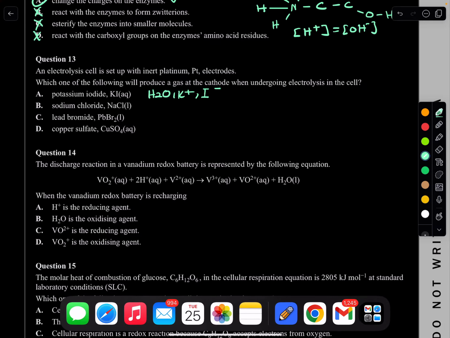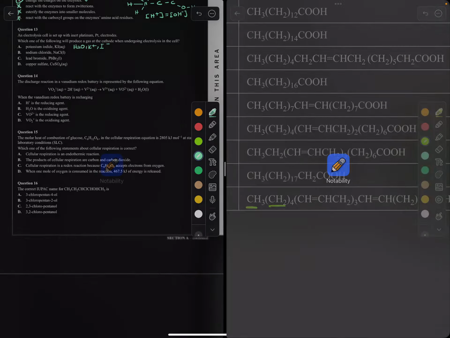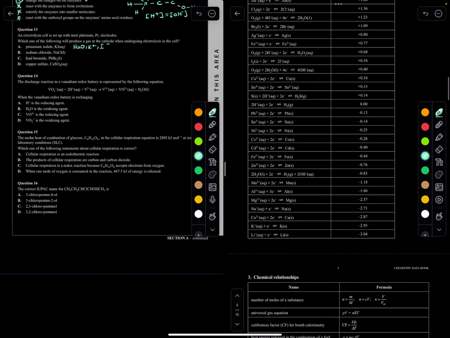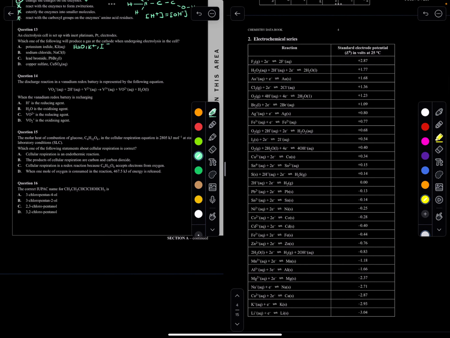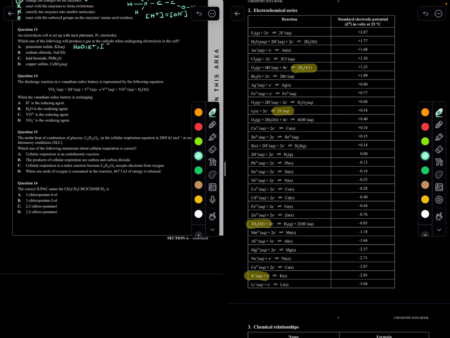So let's look at our electrochemical series and determine what's going to happen. Let's highlight water, of course. Water here. K plus ions, where are those? K plus ion here, and iodide ions here. Remember, the cathode is where reduction occurs, and the strongest reduction occurs when it's on the left side of the electrochemical series and the highest.